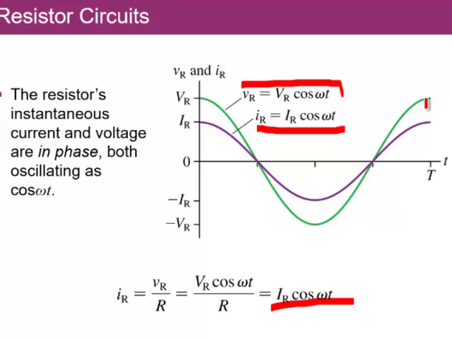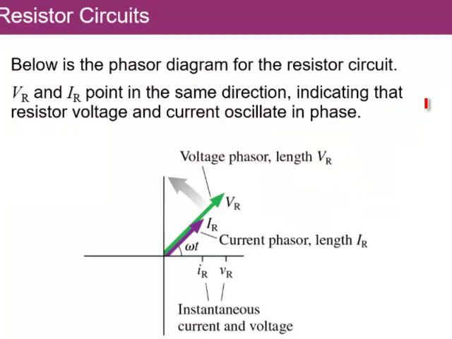And so when we represent this with phasors, we will have two phasors, one for the current and one for the voltage. Remember, the phasors are just generic vectors that are rotating counterclockwise. And so we pick a particular time here, omega t, and at any given time, the voltage and the current would both be in phase.